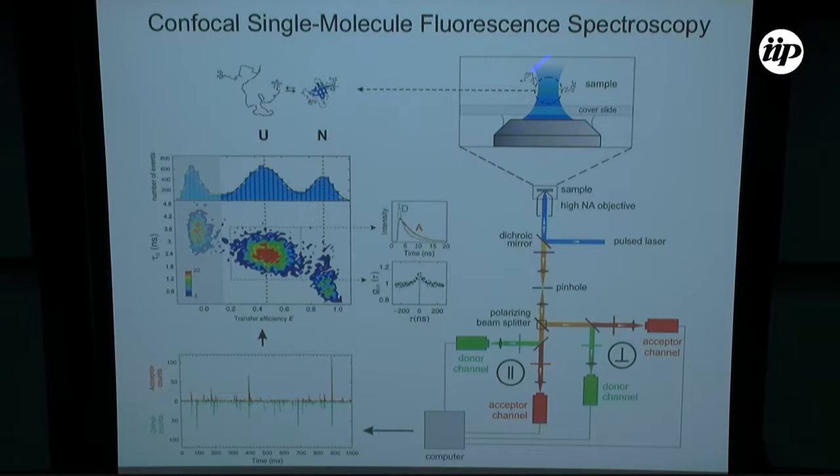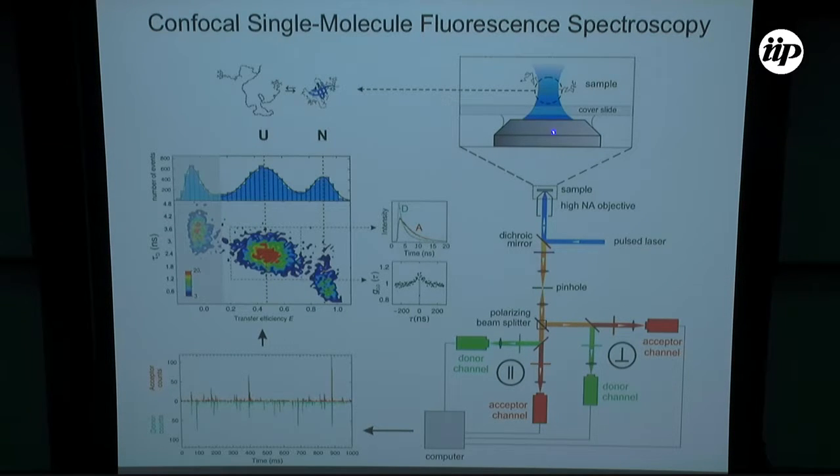And you can do the experiment in different ways. You can have molecules that are freely diffusing, or you can tether the molecules to the surface and then look at different molecules. All right? So that's the way you achieve single molecule resolution. But of course, you need ways of detecting that molecule.